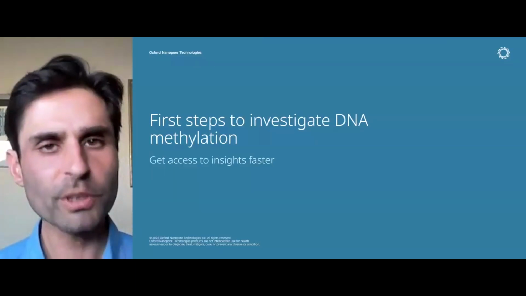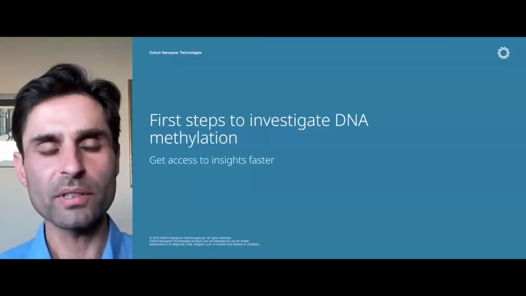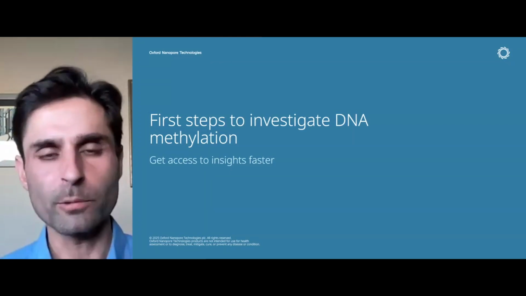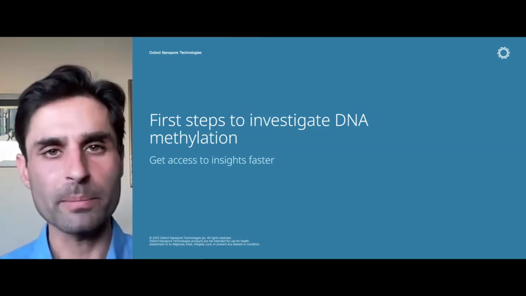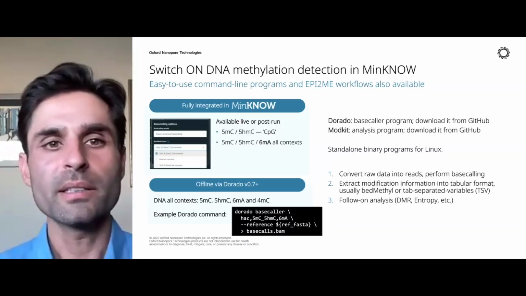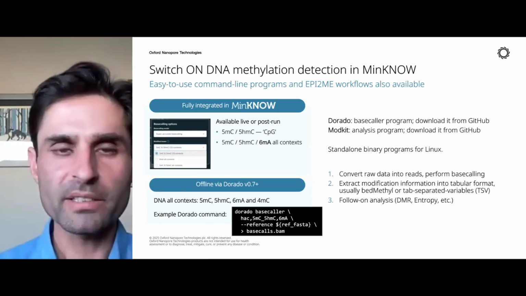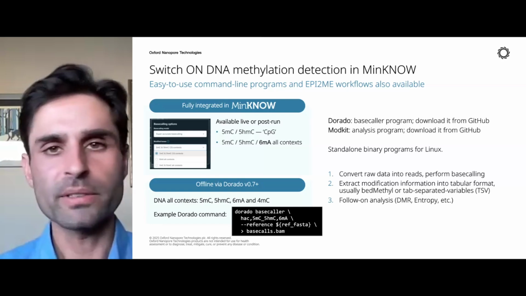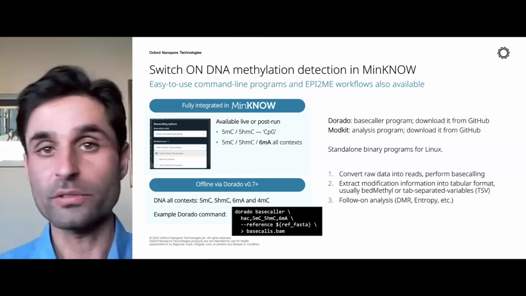I'm going to quickly talk about how you actually do this, because if you're studying something, you're probably going to want to follow some of the same steps when you're performing your analysis. It should be no surprise to folks that if you want to do methylation with Oxford Nanopore, it's relatively simple in that you can just turn it on.